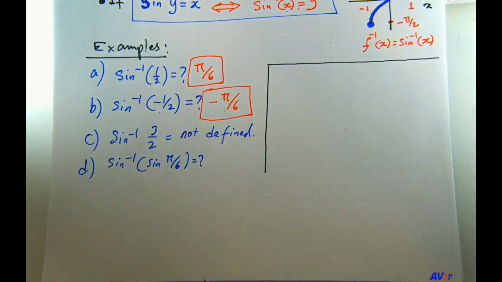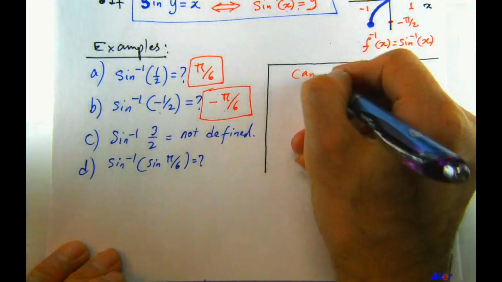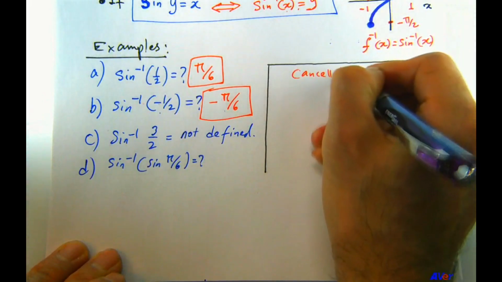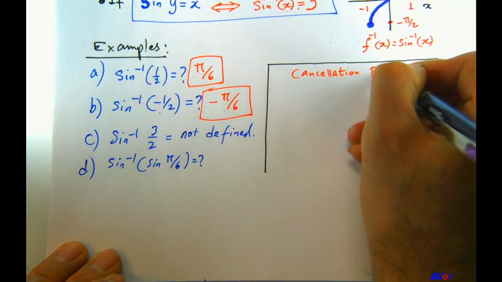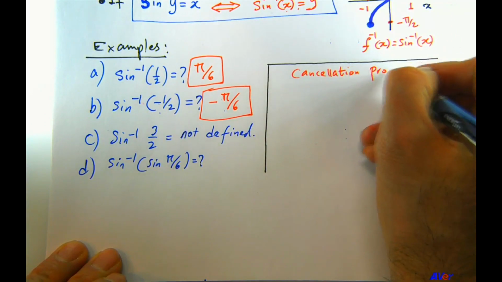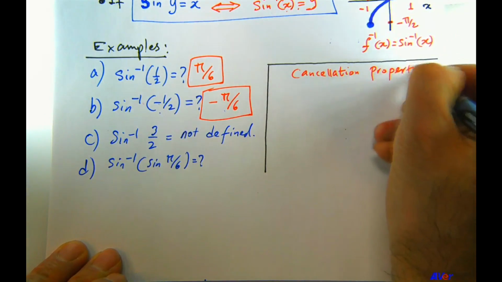I should have talked about this, but it skipped my attention. These are called cancellation properties, or cancellation property.